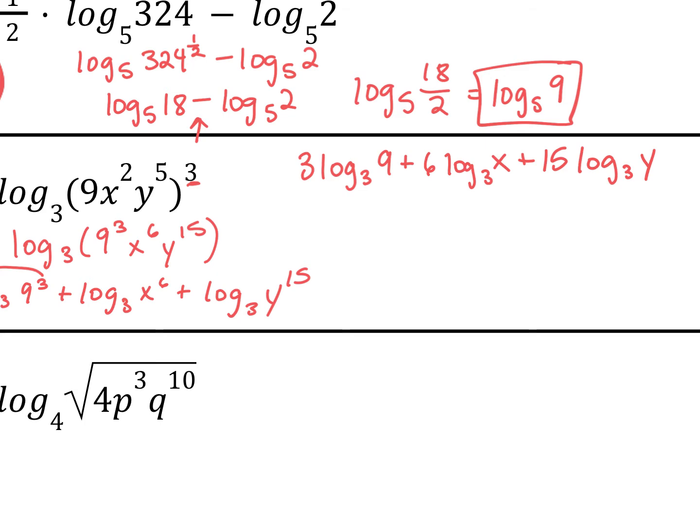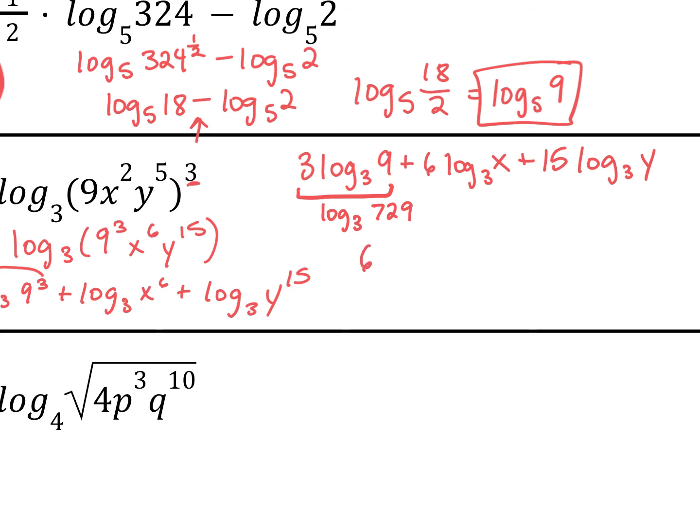Okay, one thing too, if you saw this before we expanded it, so it was log base 3 of 9 to the 3rd, and we know that 9 to the 3rd power is 729. I could go ahead and try to evaluate this one since it is all numbers with no variables. So I could just type in log of 729, close parenthesis, divided by log of 3, and I get 6.